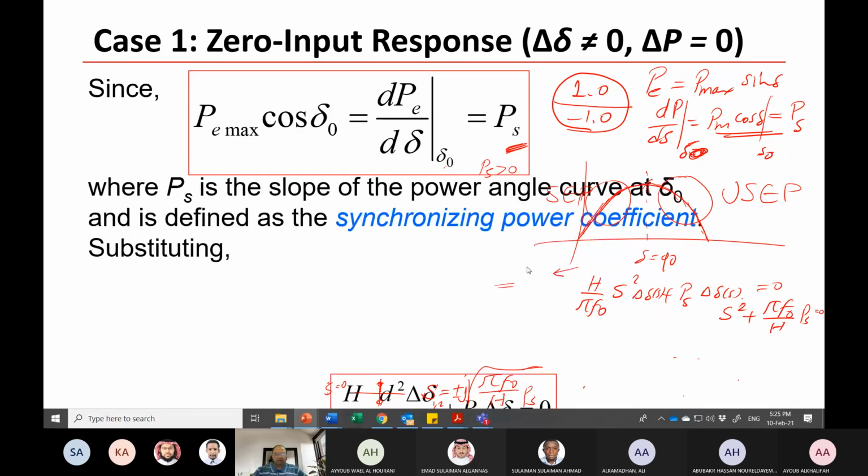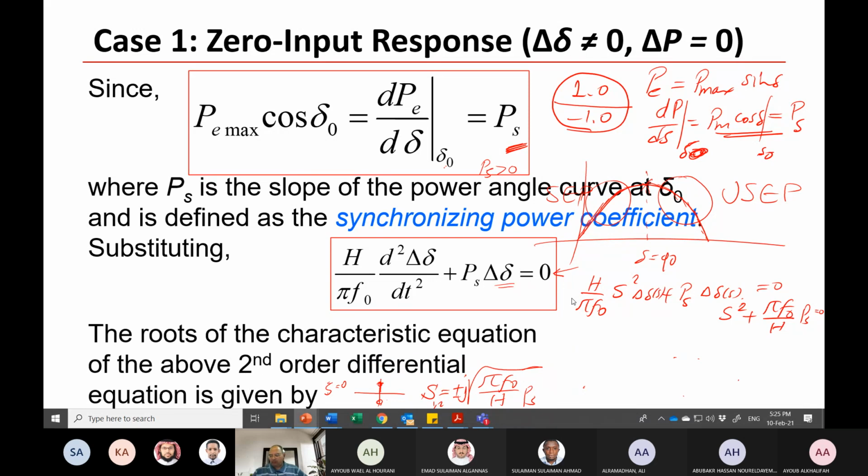So in this case, we can say, if Bs is positive, then the system will be stable. If Bs is negative, then the system will be unstable.